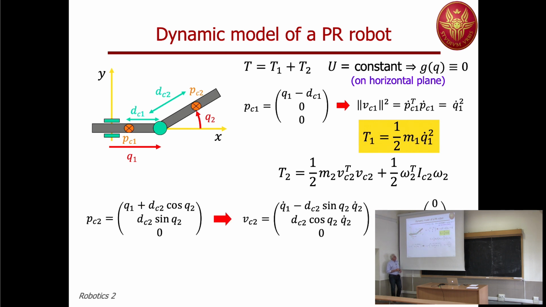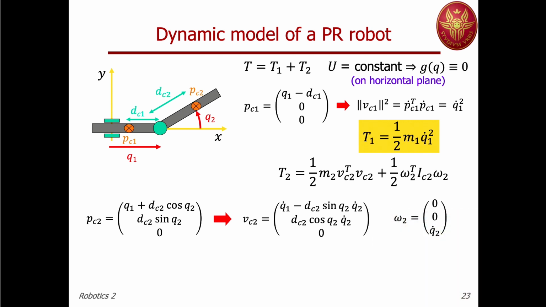For writing VC2, we start again writing the position of the center of mass in the coordinates x, y, z, so 0 because everything is on the plane. So the coordinate x of the position of the center of mass of link 2 is q1 from here to the base of the second link, and then dc2 times cosine of q2, so the projection along the x-axis. Similarly, on the y-axis, you have only the projection dc2 sine of q2. And this is the expression of the position.